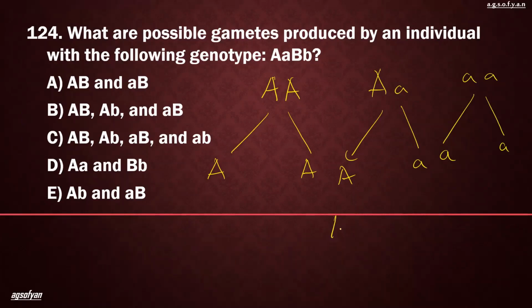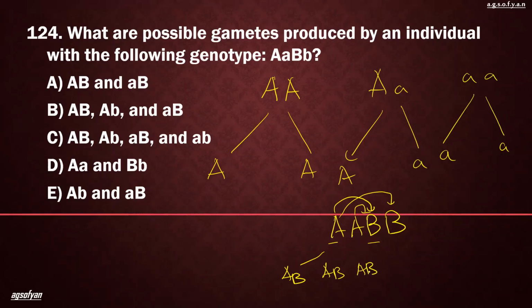Now, how about if it is like this? How are they going to make the sperm? You have to combine the different letters over here. The first with the first becomes AB, right? Then the first with the second is AB, and the second with the first is AB, and the second with the last is AB, all the same. But how about if it looks like this, AaBb?